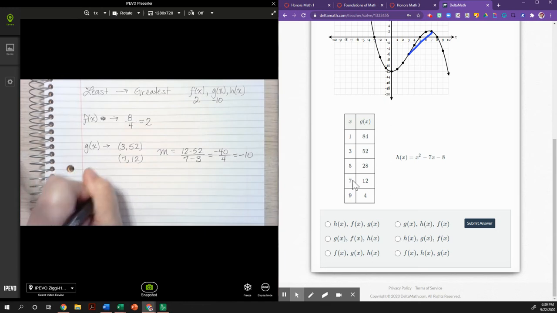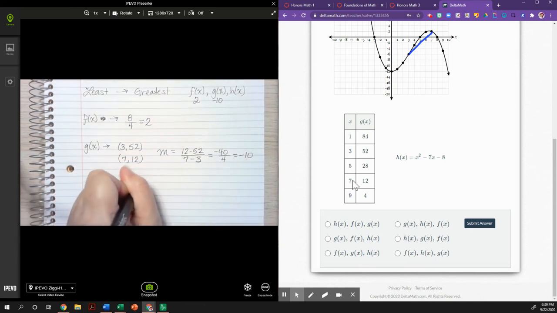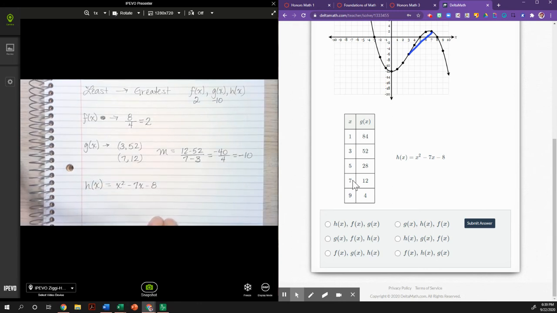Now I've got h of x, which is x squared minus 7x minus 8. If you want to do this on the calculator, you can use Desmos. Let's do some more review of plugging in some values. I need to figure out what h of 3 is, and then what h of 7 is, so that I can calculate my rate of change.